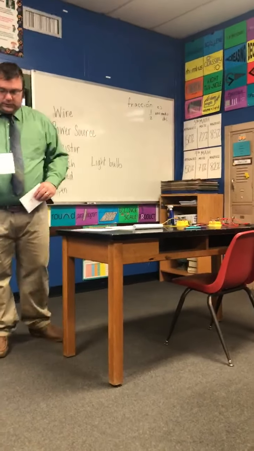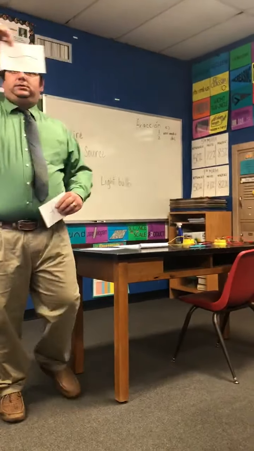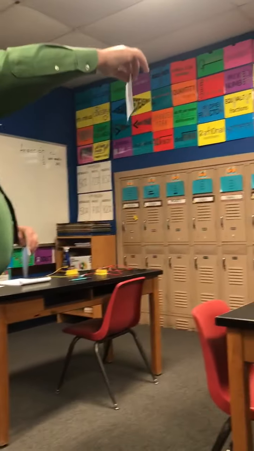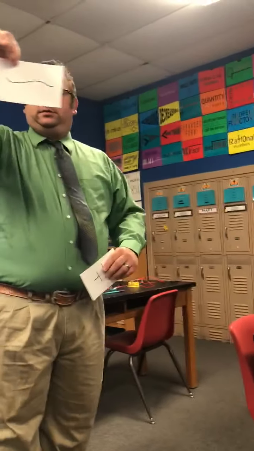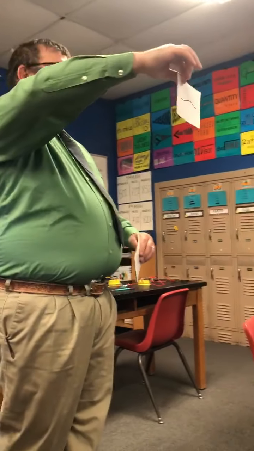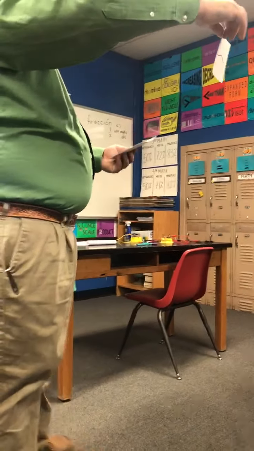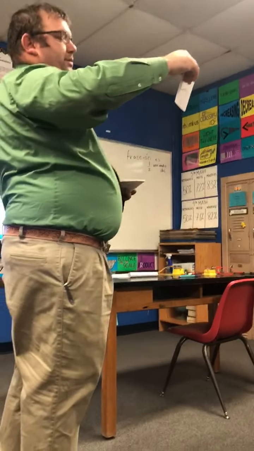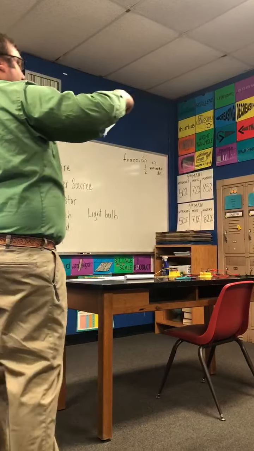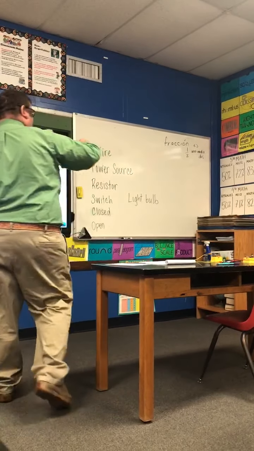All right. Our first one is what? Can everybody see this? Yes. All right. What does it look like? A wire. It is a wire. All right. Wires. We have to have the conductor for the electricity to flow through.